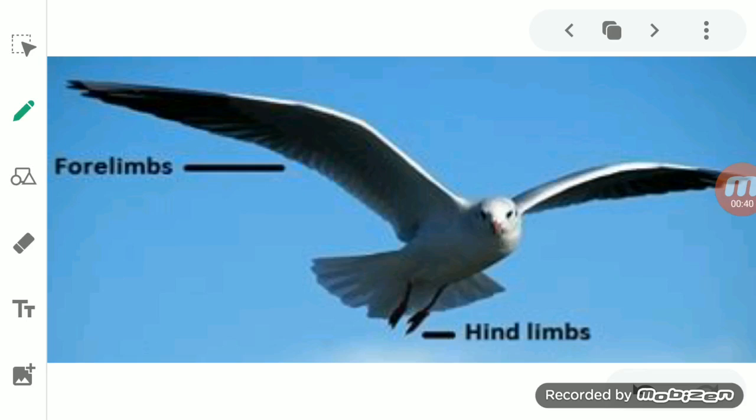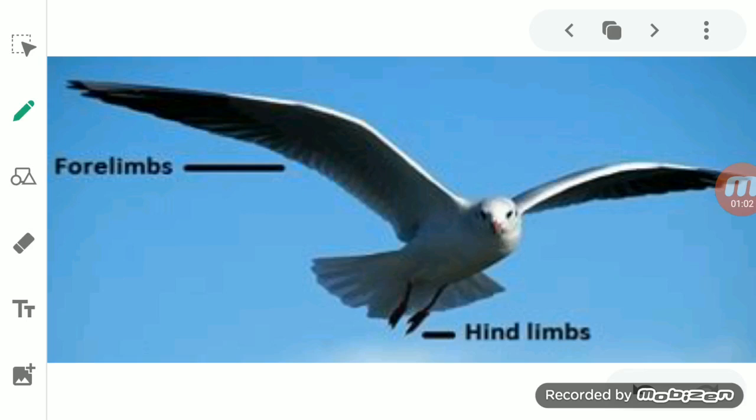Now the birds have different habitats due to their different adaptations. A bird that does not have strong wings and has a heavy body is not able to fly; it only walks on the ground.